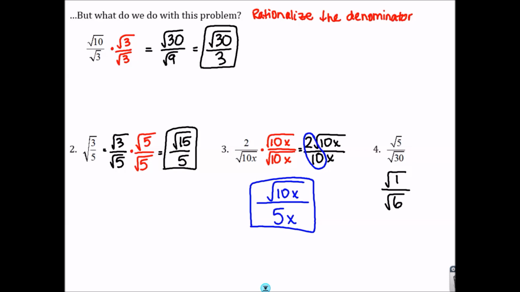Then I can rationalize the denominator and deal with much smaller numbers. So now I can multiply by square root of 6 over square root of 6 and end up with square root of 6 over 6 as my final answer. If you chose to rationalize the denominator first, it would still work. You would just have much larger numbers to deal with and a lot more simplifying to do at the end.